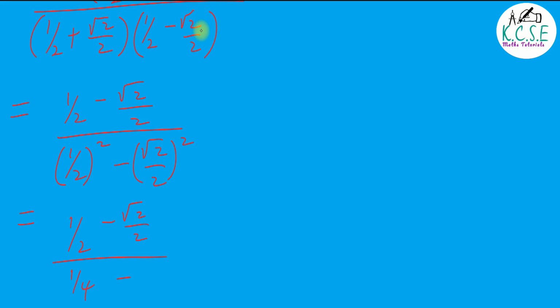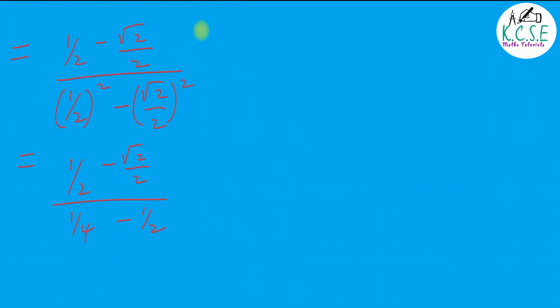Root 2 squared gives 2, and 2 squared is 4, so this will be 2 divided by 4, that is a half.